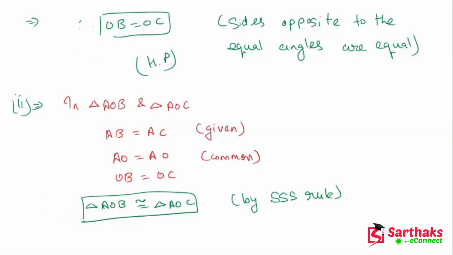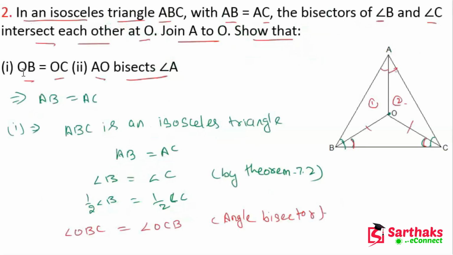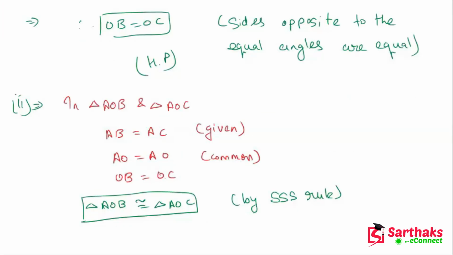So we can say this angle, angle BAO, is equal to this angle by CPCT. So we can write angle BAO is equal to angle CAO by CPCT.